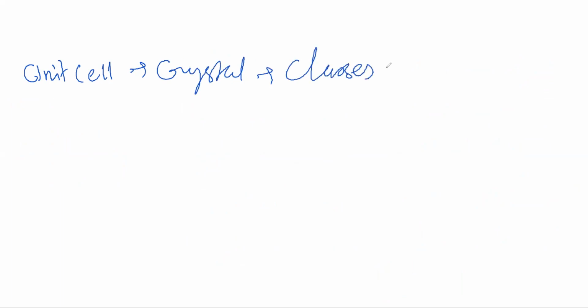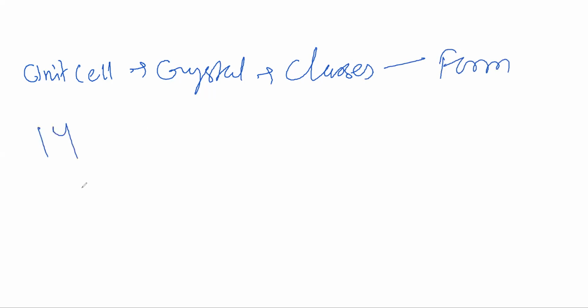Now, coming to the next. I'm recalling you once again, revising the things. We started with the crystal units, or we say unit cell. Then it forms the crystal. And crystal is again divided into different classes, that is symmetry classes, and that is again divided into the forms.